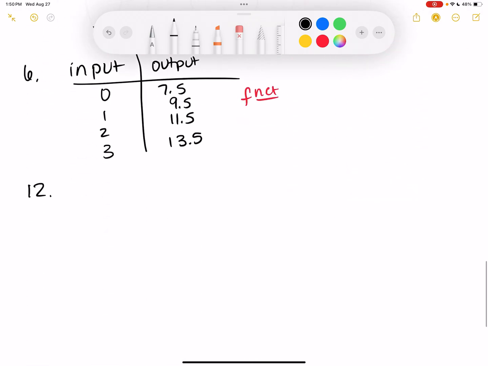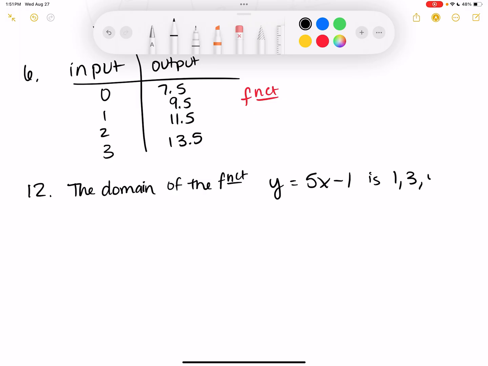So they say the domain of the function y equals 5x minus 1, so that's going to be our equation, is 1, 3, 4, 5, and 6. So those are our domain values. Which number is in the range of the function?